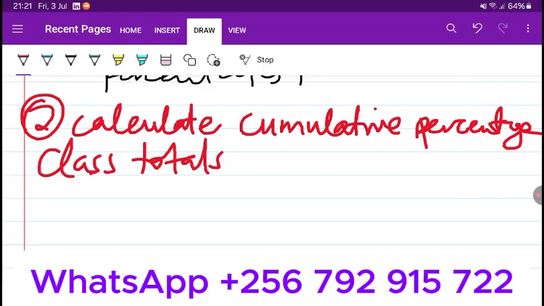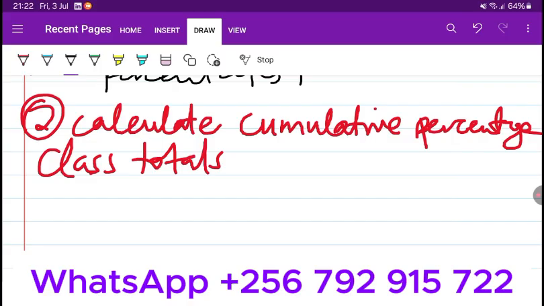Of course, if we are given the classes, we go ahead and get the class totals if they were given to us. If they are not given to us, then we estimate them. We estimate our class totals using the formula that I told you, where we get the midpoint or the class mark, and we multiply by the frequency.